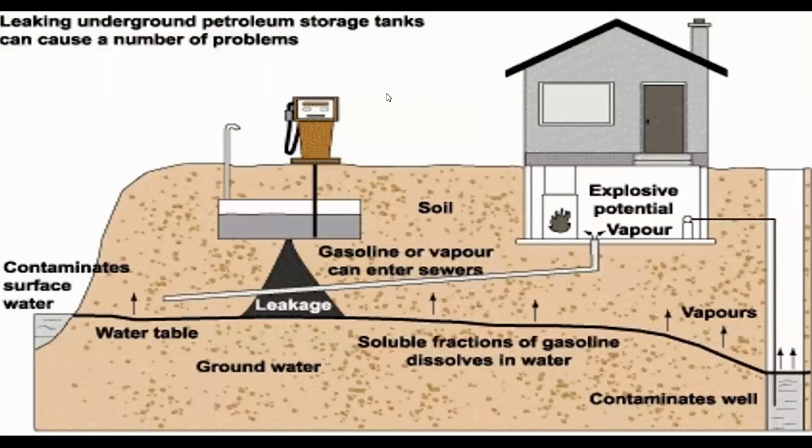And our subject of the day is underground storage tanks, and especially the tanks which are leaking. And I took the liberty to borrow this nice illustration from the Department of Environment of Canada.